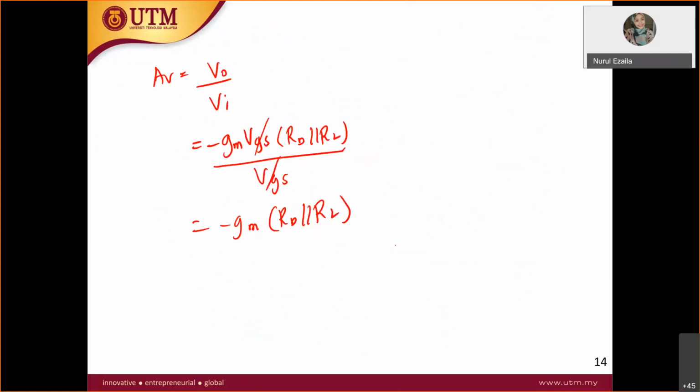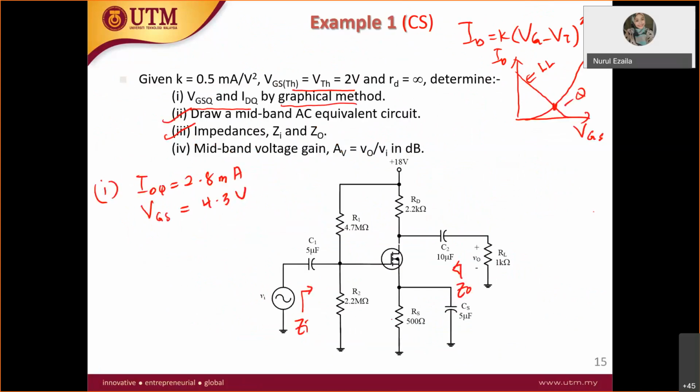So GM, for the first one, is equal to 2K times VGSQ minus VTH. Look at the question. VTH is given as 2 volt, and the K parameter is also given, 0.5 milli.